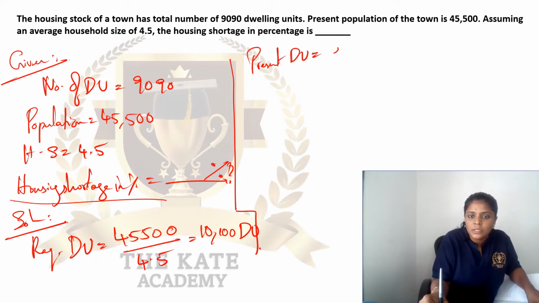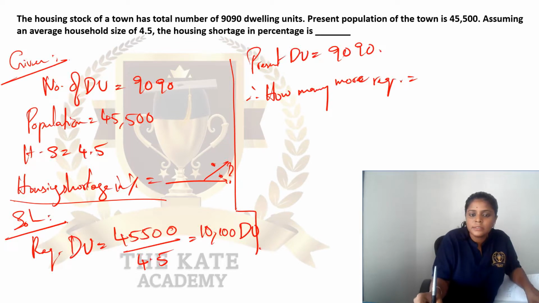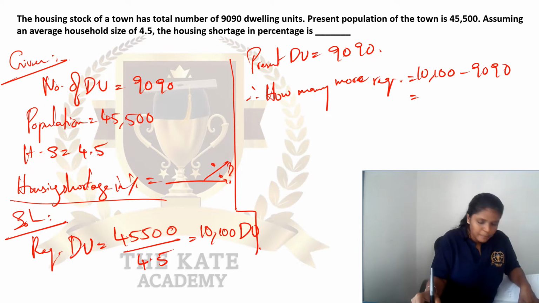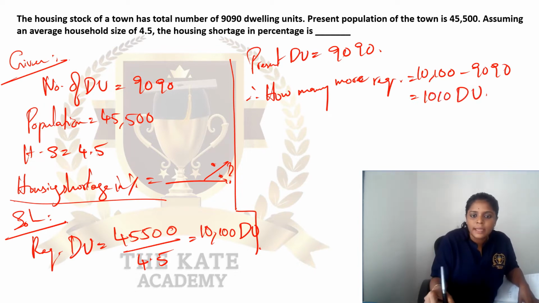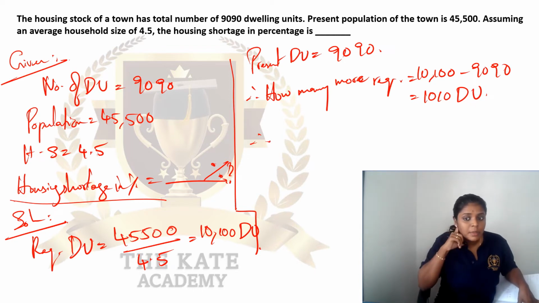Present DU is 9,090 only. So therefore, how many more are required? That is 10,100 minus 9,090, which gives you a value of 1,010 dwelling units.